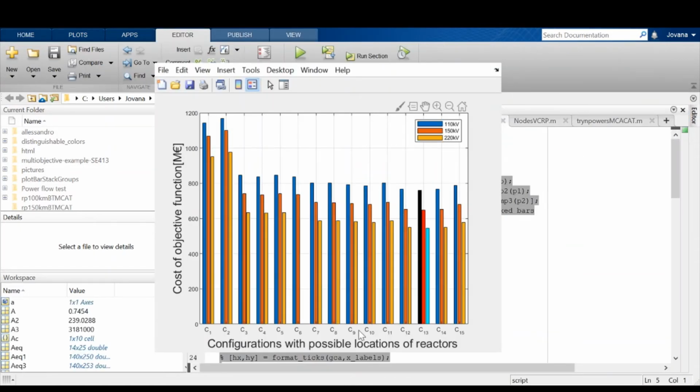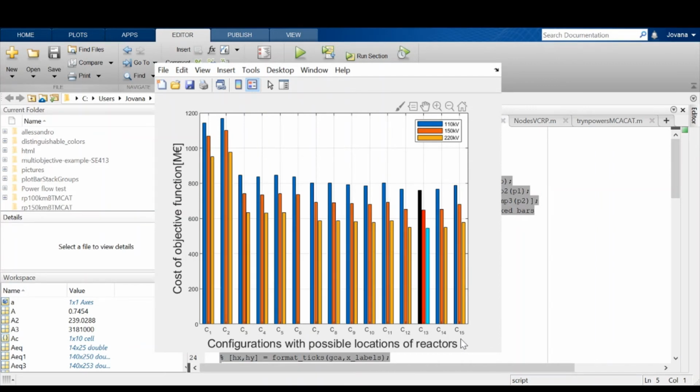Here are the results that come out from this code. So as I said, 3 voltages, all possible combinations and possible locations of reactors, and we're comparing the cost of the objective function. As we see, having 3 reactors, which are the combinations from C10, C11 to C15, is the cheapest and the most optimal compared to the cost of the objective function.